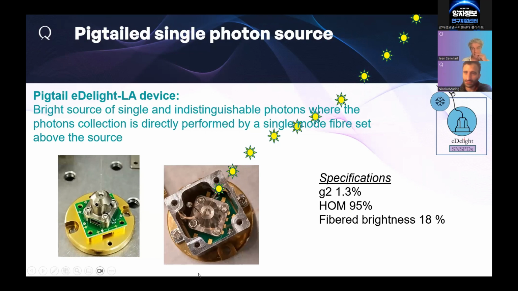And this makes an extremely compact device where you see the fiber right on top here. It's quite transparent, but I think we can see it. And that collects directly the single photons out of this cavity. And what we showed is also very good specifications or performances of this device.